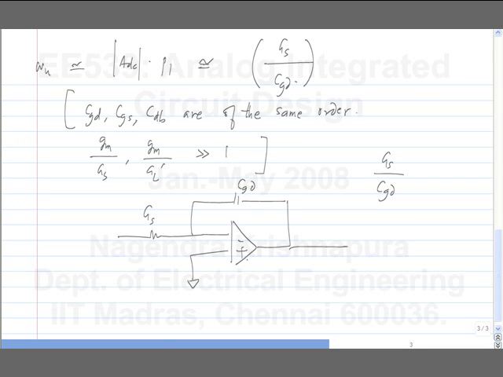So what is the frequency response of this block if it's an ideal op amp? Integrator. It is just GS by S times CGD. And the unity gain frequency of that is GS by CGD. So something like this is happening in our amplifier also.